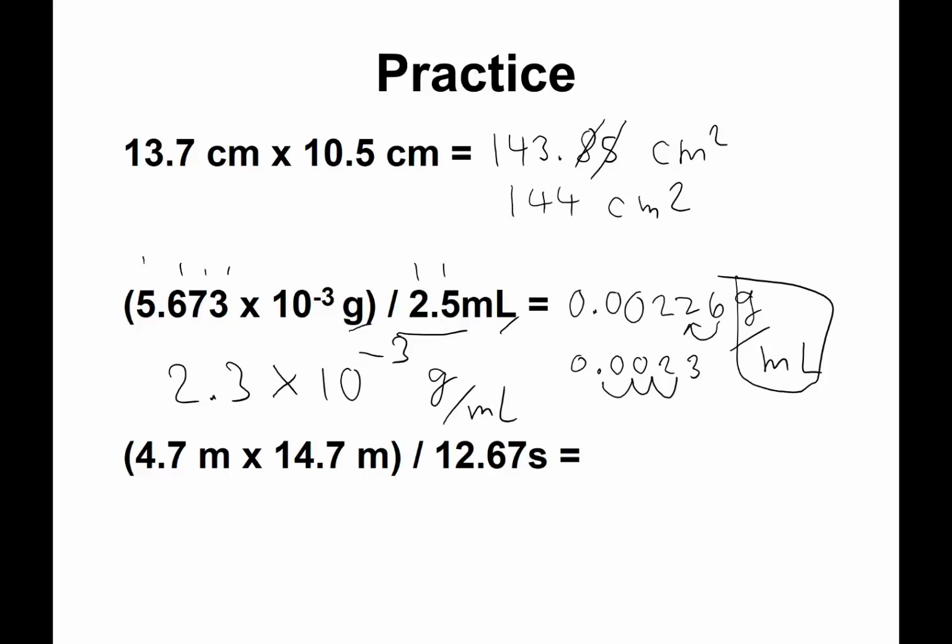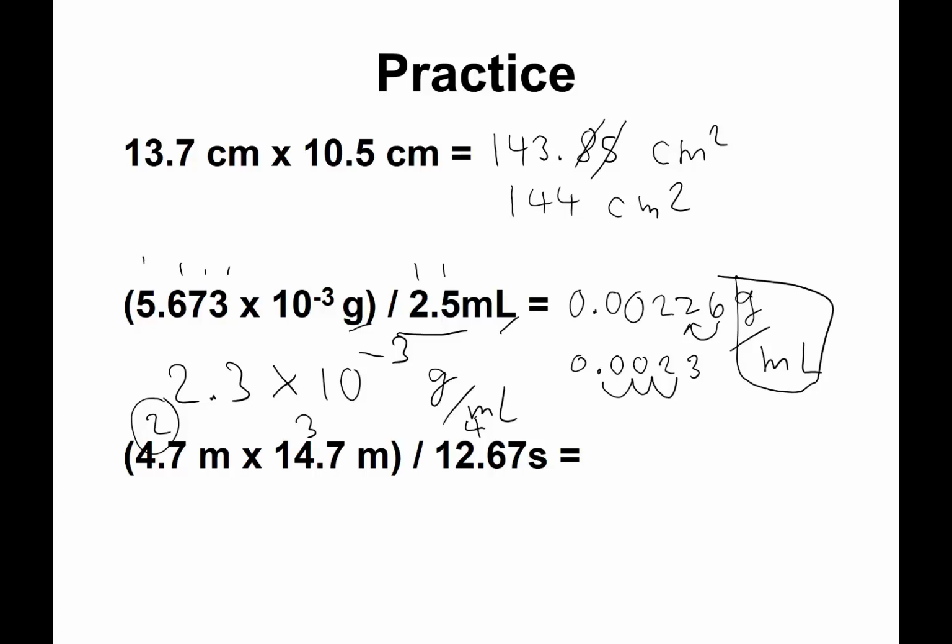and that's really the best way to communicate and write your data. The next one is 4.7 meters times 4.7 meters divided by 12.67 seconds. Okay, so we are multiplying and dividing. We have 2 significant figures, 3 and 4. So we're going to be limited by this measurement here, which just has 2 significant figures, so our answer can only have 2 significant figures.